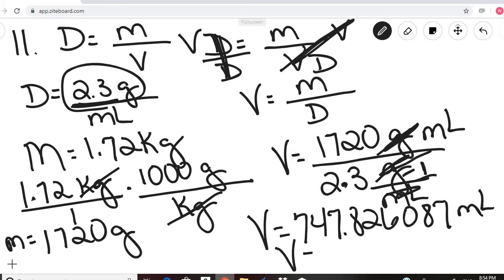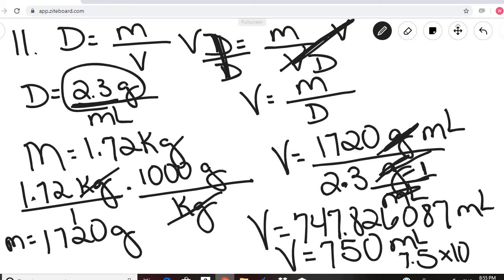So this would need to be 750 milliliters, or you could write it 7.5 times 10 squared milliliters. Either one is okay because both of them will give you 2 significant figures.